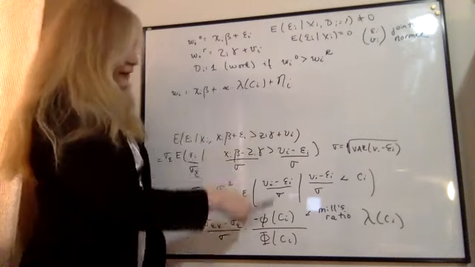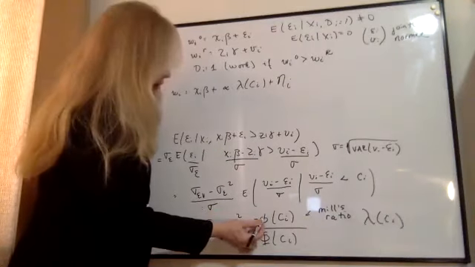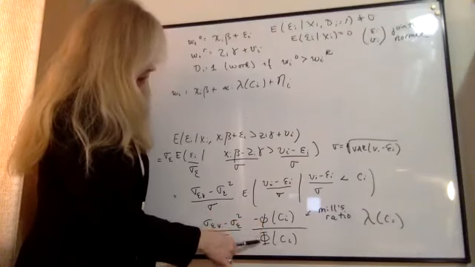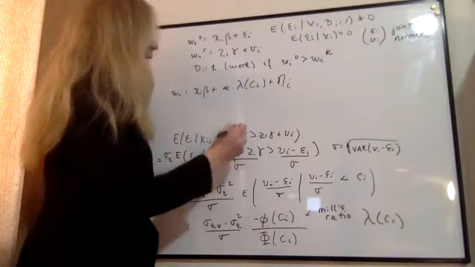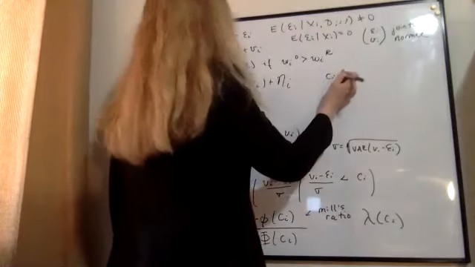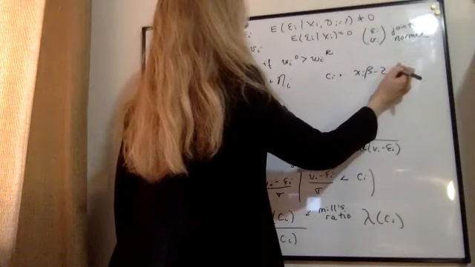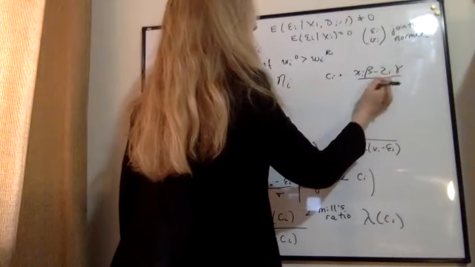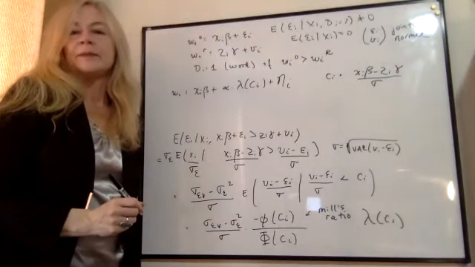Because we know the lambda, because we know the normal PDF divided by the CDF. So we know what those functions are, but we need ci. So ci is equal to xi beta minus zi gamma over sigma. Where is that going to come from?